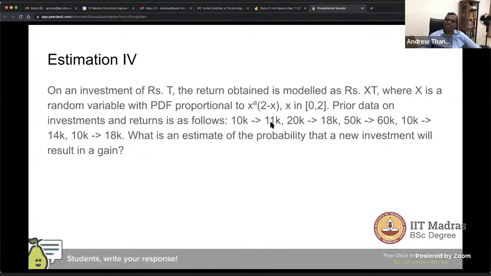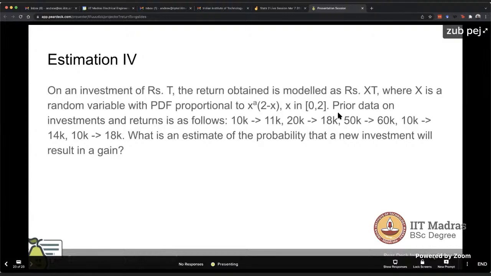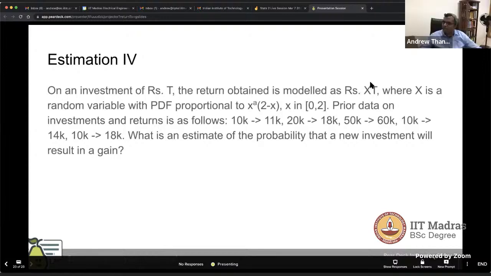No. See, okay, so maybe that part of it is not clear. Whatever t may be, whatever you invest, I'm saying the return is modeled as x times t, where x is this random variable. Is that okay? X is a linear multiplier on t. It just multiplies t. So suppose x is 0.5.